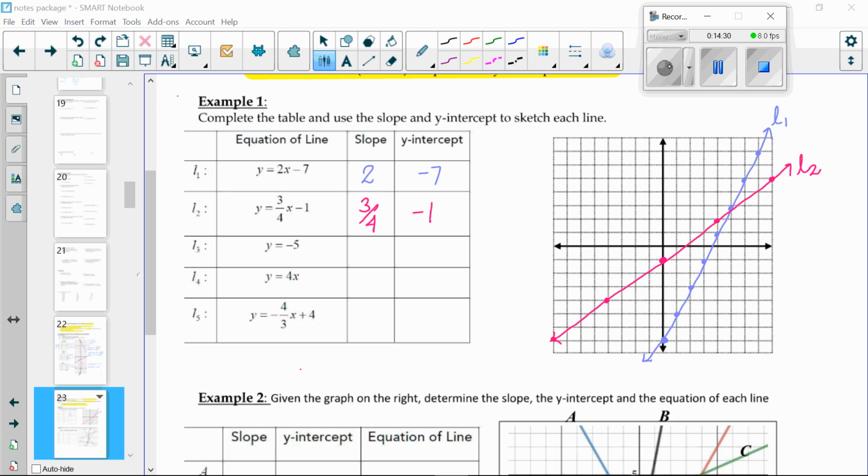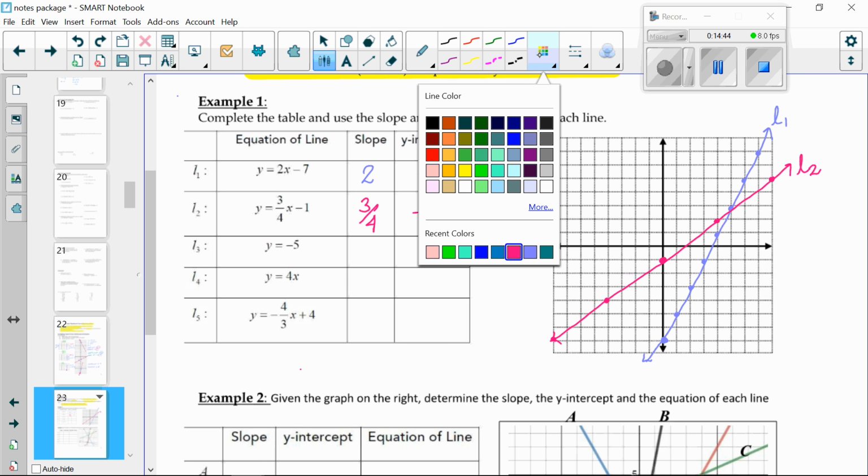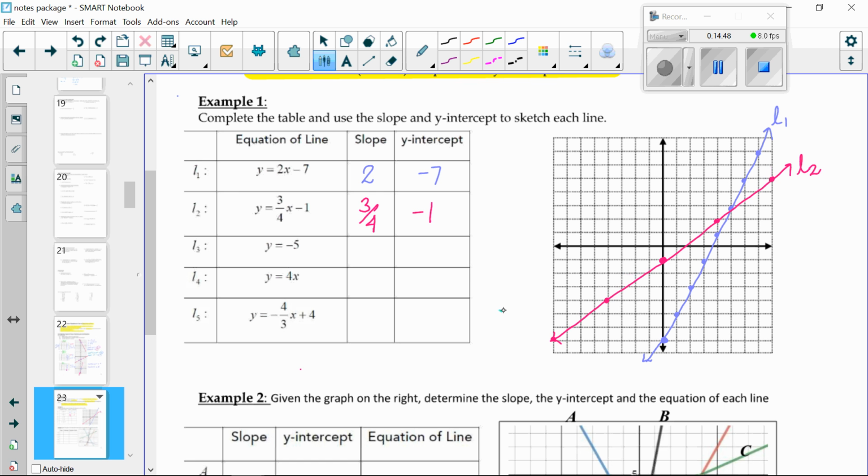Okay, so here we have an interesting one. It's L3, so line 3. I don't have a coefficient on x. I don't even have a variable x. All I have is the constant -5. So I'm going to graph this in this blue color. If there's no coefficient on x, there's no x, our slope is 0.